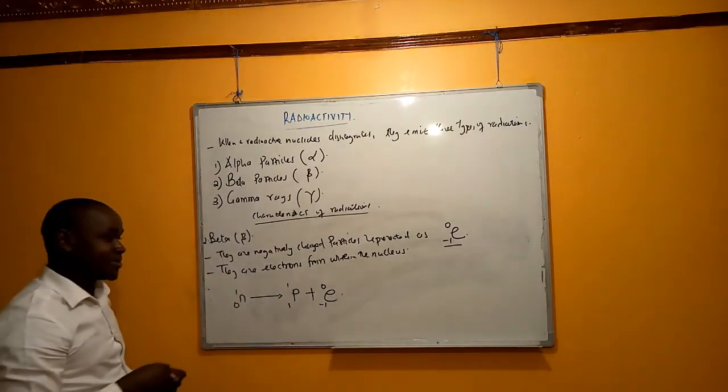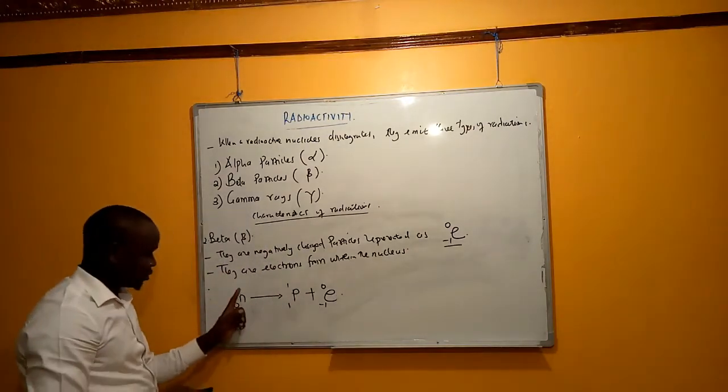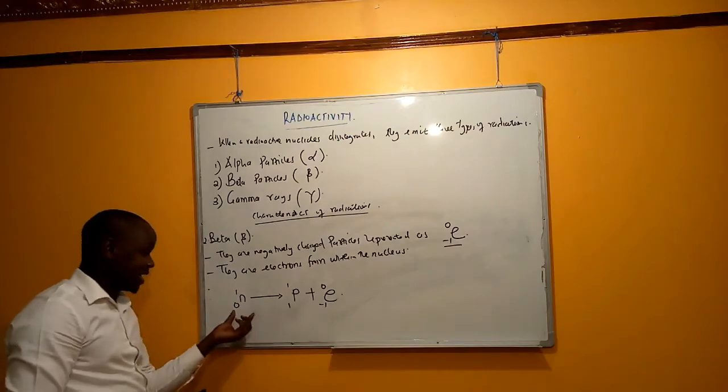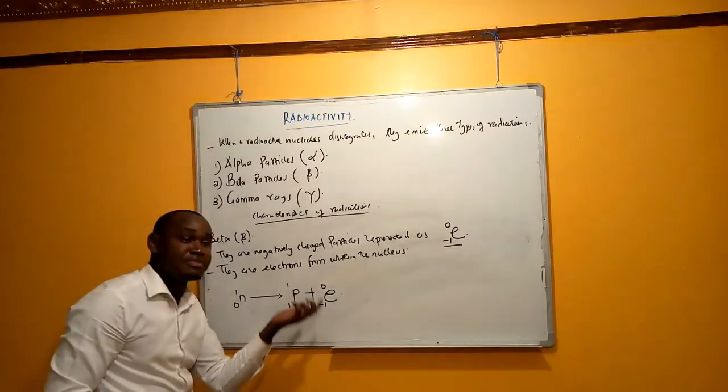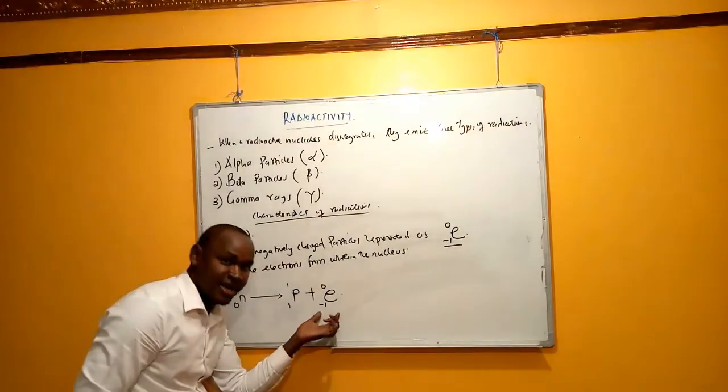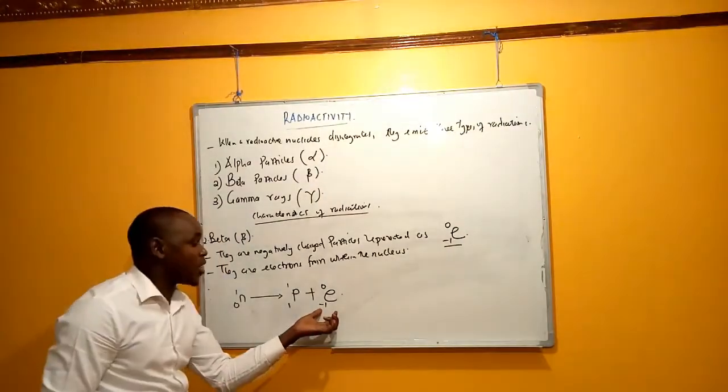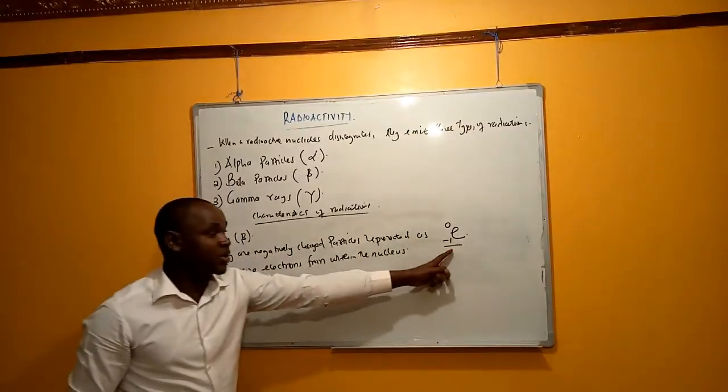As you can see, the equation is balanced. 1 plus 0, we get 1. 1 plus negative 1, we get 0. This is a neutron that has changed to a proton. In the process of changing, it has produced an electron. The electron produced is the one we call beta particle.